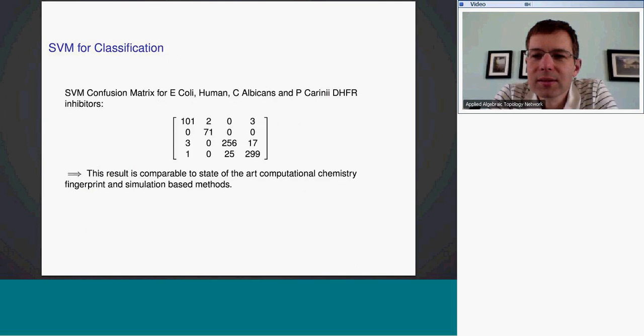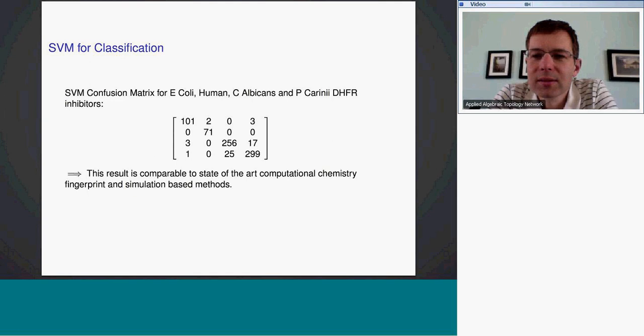So the confusion matrix. I have human, bacterial, and pneumonia DHFR inhibitors in the data set. We should read this as: the diagonal are the compounds of each class that I classify correctly, and off diagonal are confusions or misclassifications of compounds.